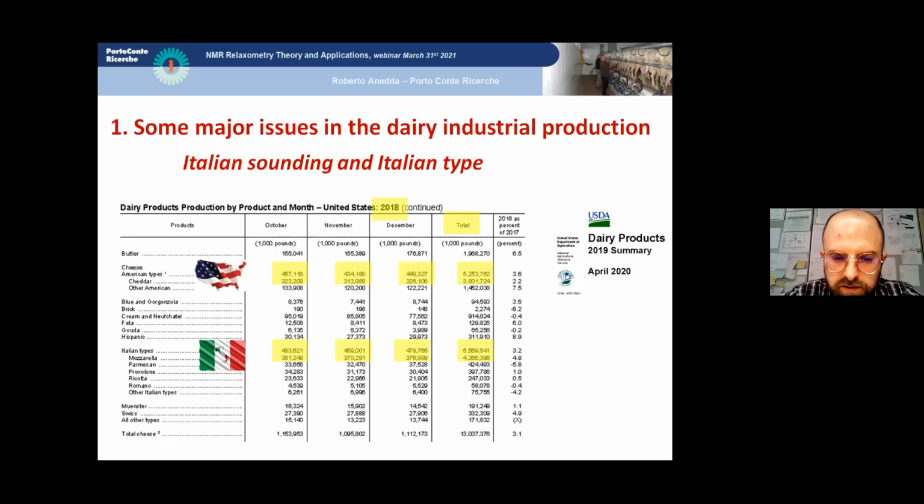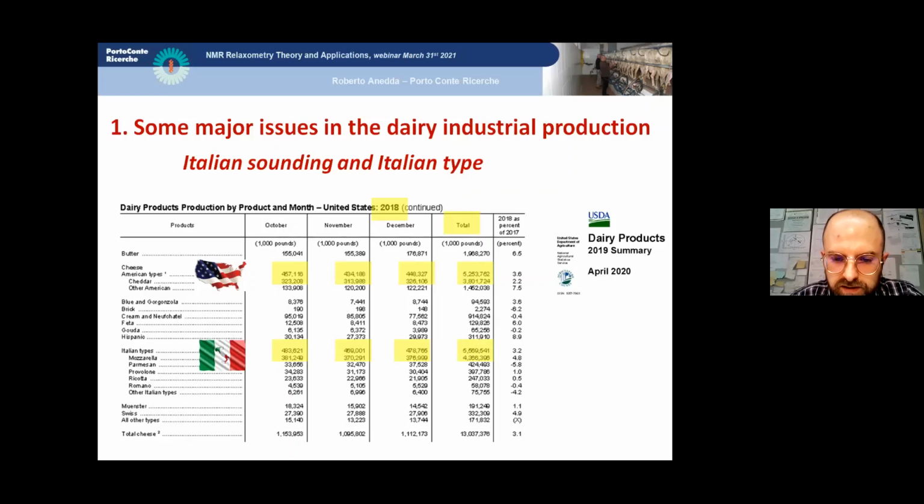It is striking to observe that American Italian sounding cheese constitutes the largest share of the US dairy production sector. You can see here the total of Italian type cheese is usually much more than the American one.